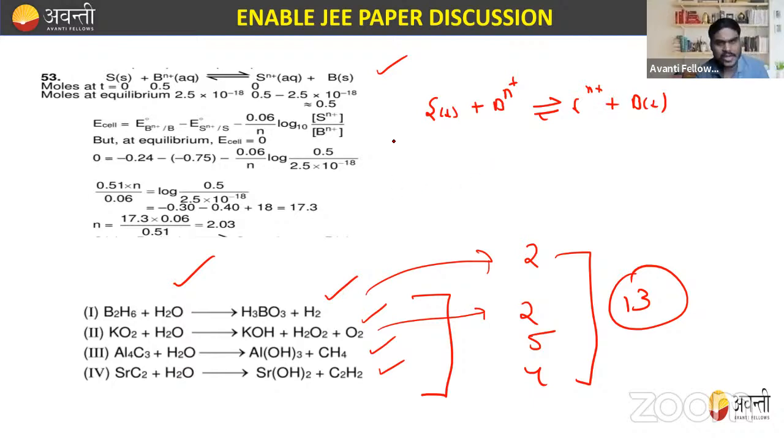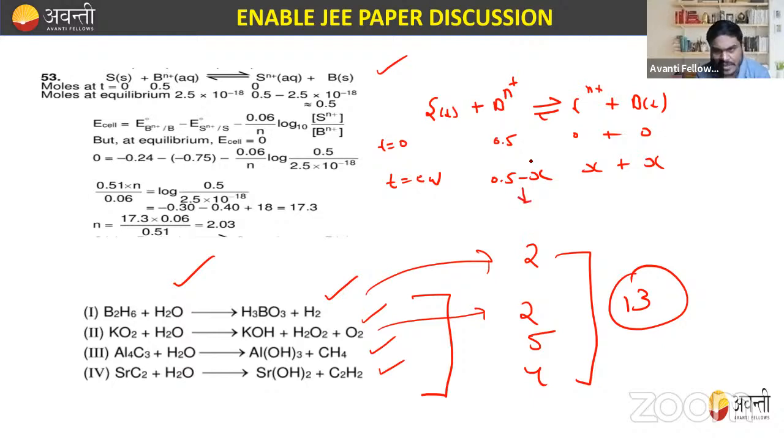At t equals 0, the reactant mole is 0.5 and the product mole is 0 because the reaction has not started. When the reaction reaches the equilibrium point, the moles become 0.5 minus x, where x is the degree of dissociation, and the formation of x plus x takes place.